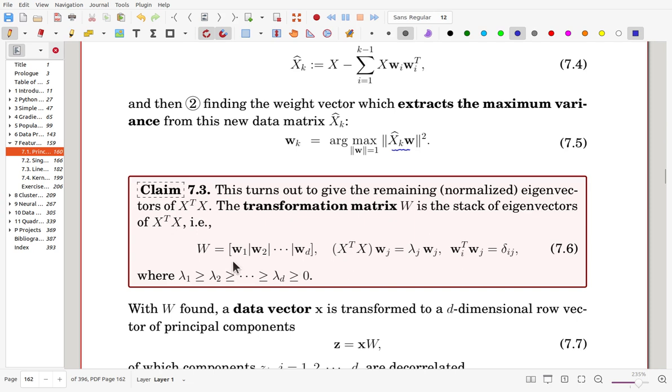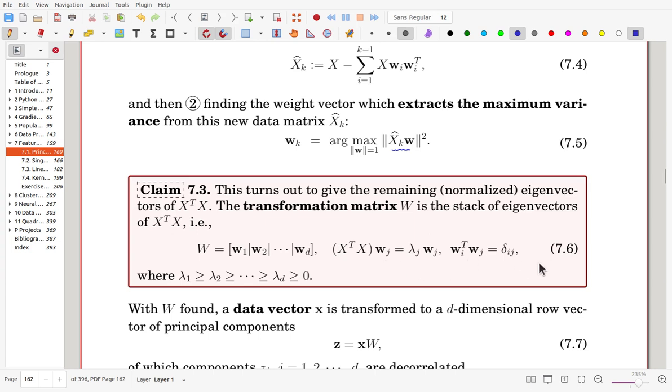Here W is the stack of eigenvectors, W1 to Wd. These correspond to the decreasing eigenvalues, so that W1 is the eigenvector of the largest eigenvalue, and W2 is the eigenvector of the second largest eigenvalue, and so on.